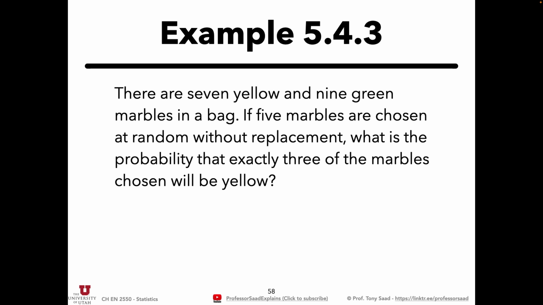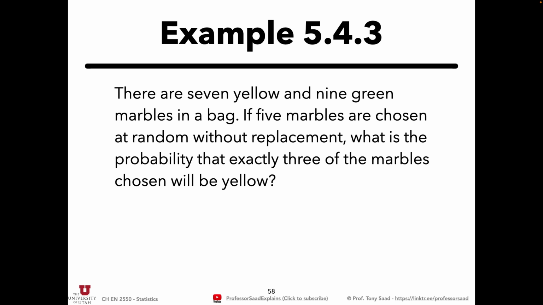All right, so first thing you figure out, this looks like a hypergeometric. It is a hypergeometric. Checks all the marks. Total population is 7 yellow plus 9 green marbles. That's 16 total population. The number of trials is 5 because we picked 5 marbles. Our x value for the random variable is 3. Next is to determine the number of successes in the population. We're going to call yellow a success because that's the question.